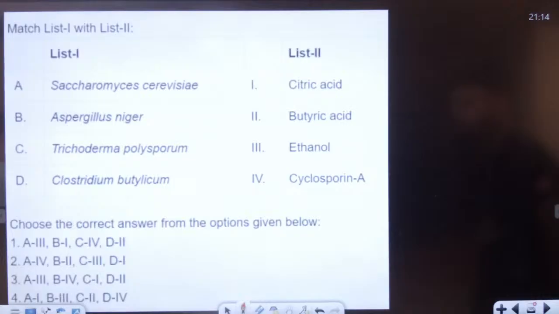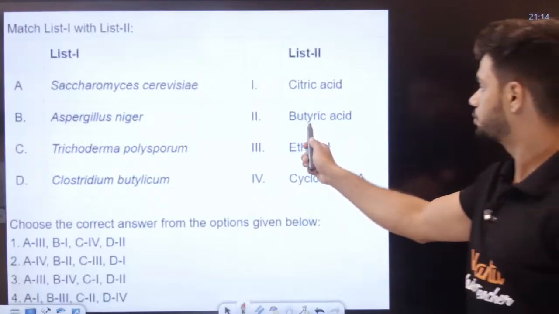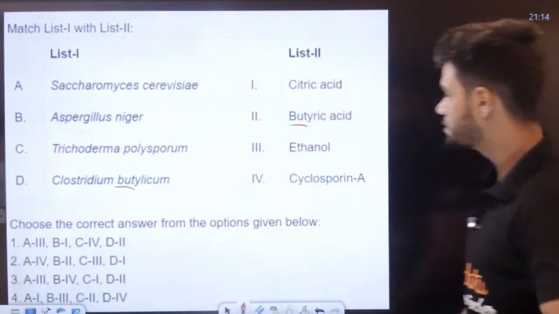So what is the answer now? A is going to be 3. If A is going to be 3, we have only 2 options there. And B is going to be Aspergillus niger.